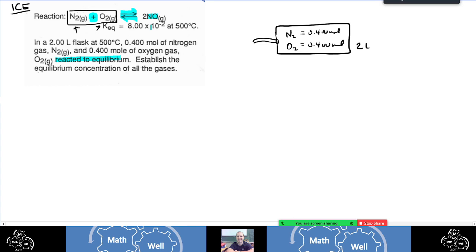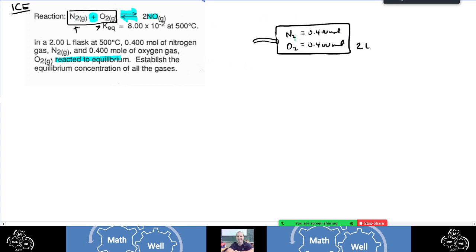So at equilibrium, we have some of everything. We have some unreacted nitrogen, some unreacted oxygen, some nitrous oxide, okay? So we have a little bit of everything. And the nitrogen that maybe exists at equilibrium is not necessarily unreacted; it's maybe reacted and then come back to its elemental form.